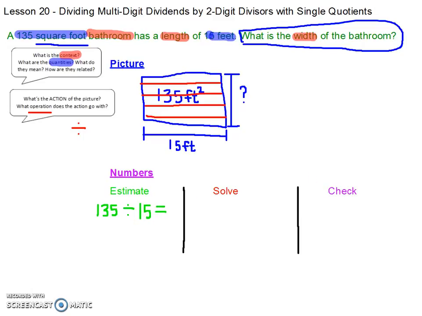So now, step 1 in estimating is to round your divisor. So in order to round our divisor, it's 15, so it's going to round up to 20. And then step 2 in our estimating is that we want to find a multiple of our divisor that's close to 135.